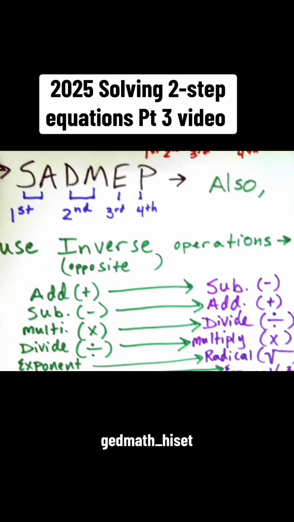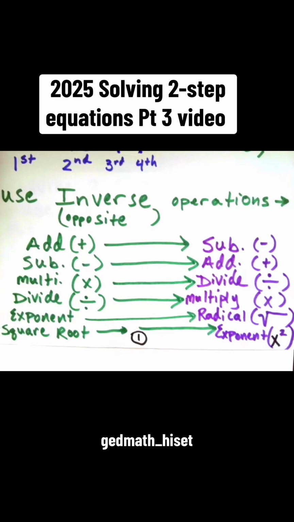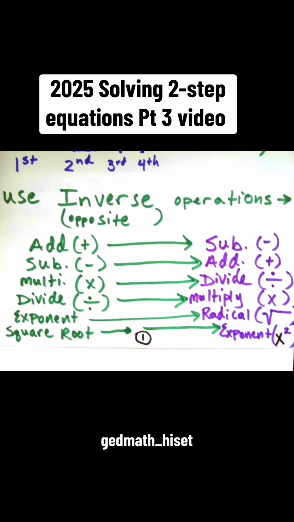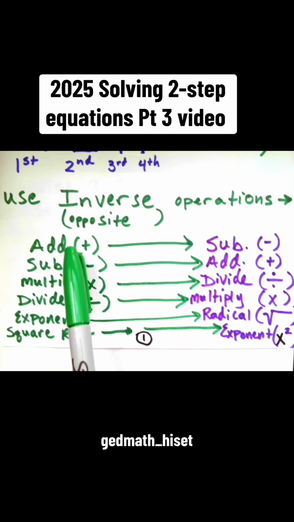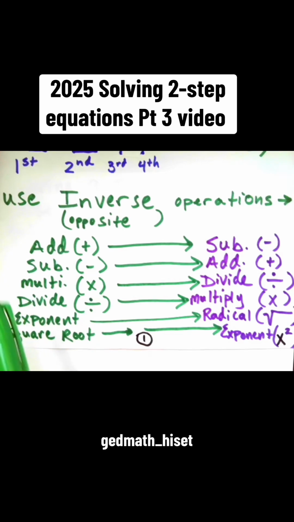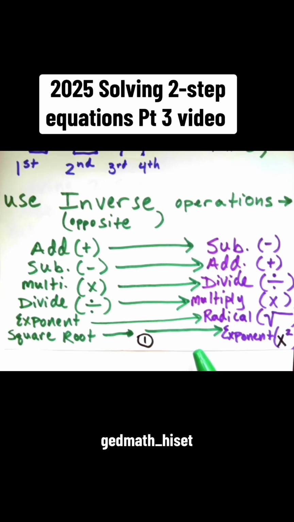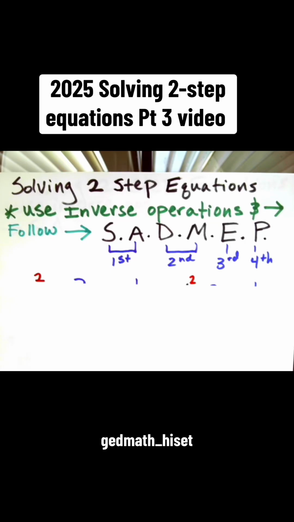And so when we're talking about inverse, we're talking about opposite operations. And since it's two steps, we'll be using two of these operations in order to solve and free up that variable. And so let's go ahead and just get started.